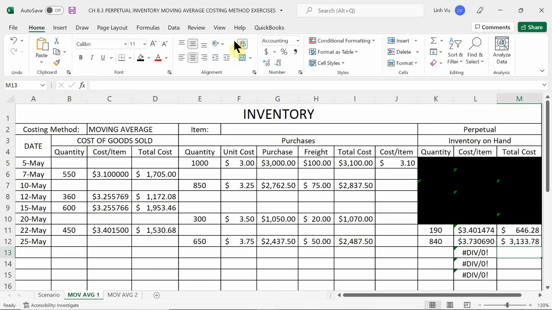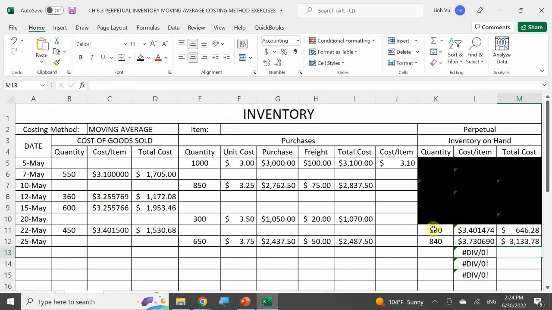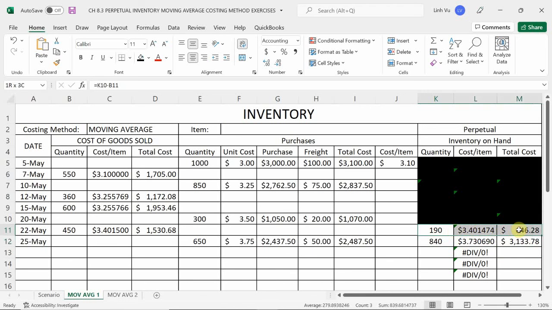In this case, we went from 0.4 to 0.73, so we increased it by almost 30 cents because my freight caused me to increase it more. Okay. So right now, I'm currently at $3.73 average cost per item.